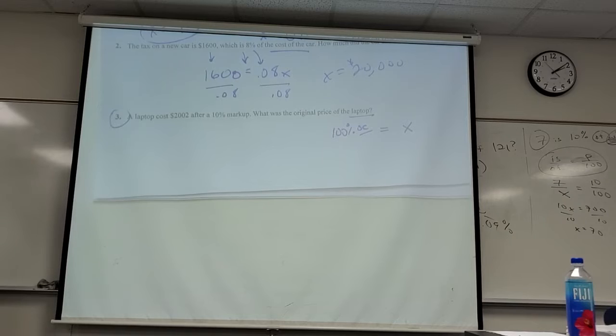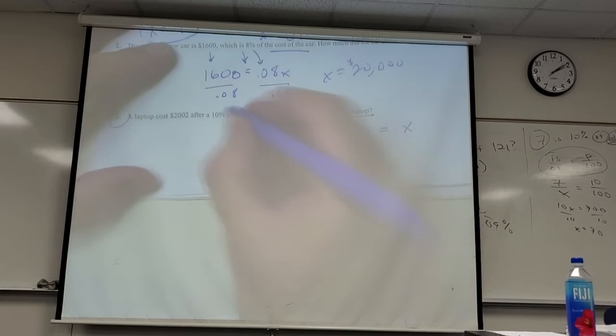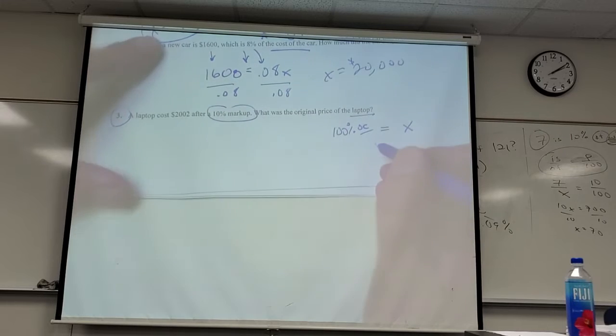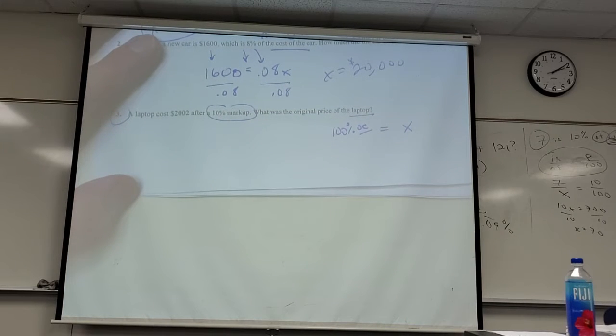I'm going to mark that amount up by 10%. And when I do that, I am now at 110% of the original cost.